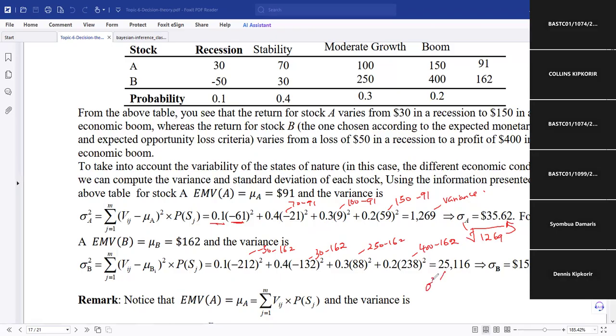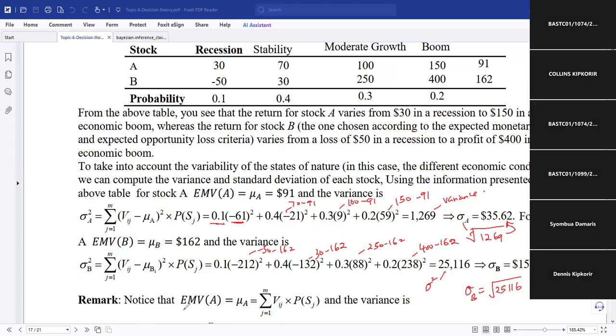This is sigma squared. Then the sigma value for B is taken to be the square root of 25,116, and we are getting this particular value here. Now, what we note below is that the EMV of A is equal to the mean of A, which is the summation of Vij multiplied by the probabilities.